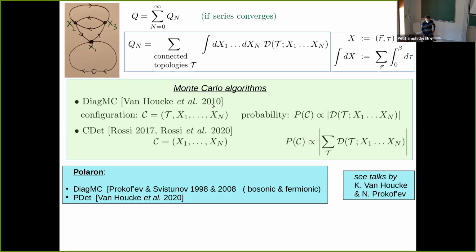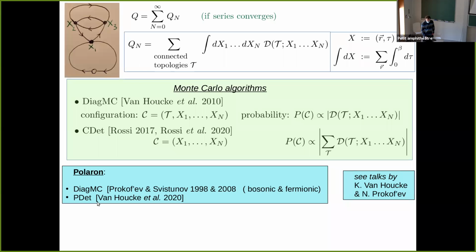Actually, diagrammatic Monte Carlo was introduced before for Polaron problems by Prokofiev and Svistunov, first for bosonic Polaron problems, so electron-phonon, and later for a fermionic Polaron, so a mobile impurity in a Fermi sea.